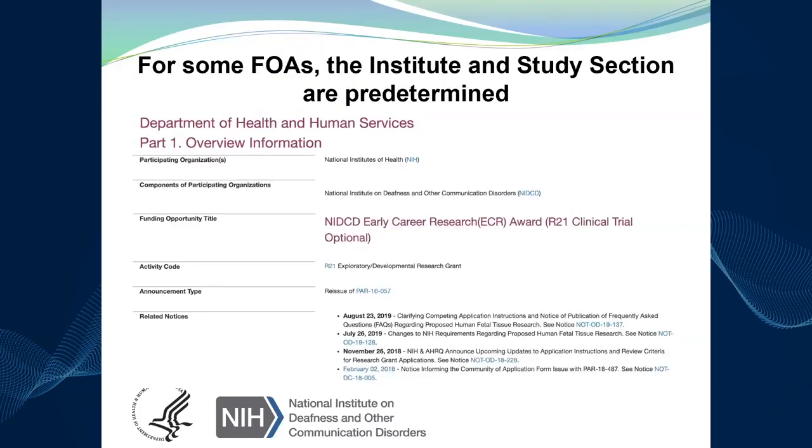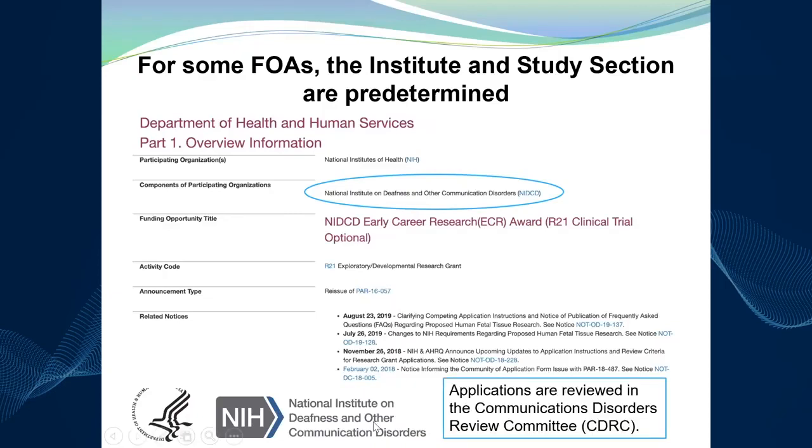For some FOAs, the institute and study section are predetermined. For the NIDCD Early Career Research Award, the institute that participates is only the NIDCD. For these applications, there's a standing study section within the NIDCD that reviews them, called the Communication Disorders Review Committee, or CDRC.